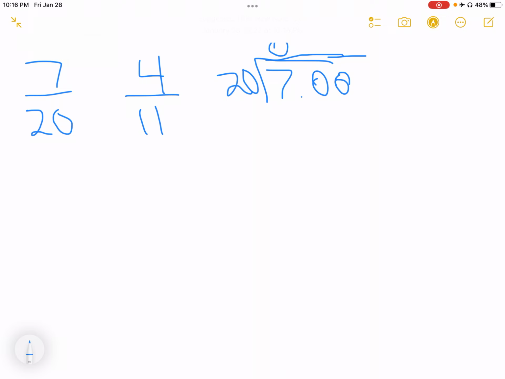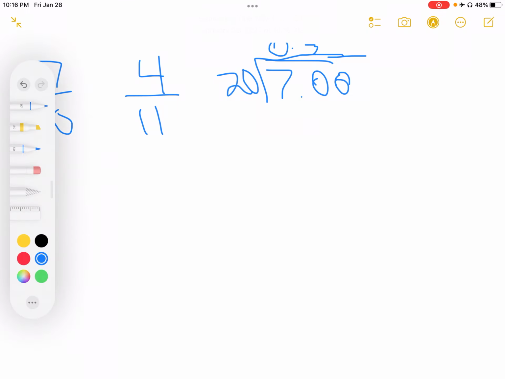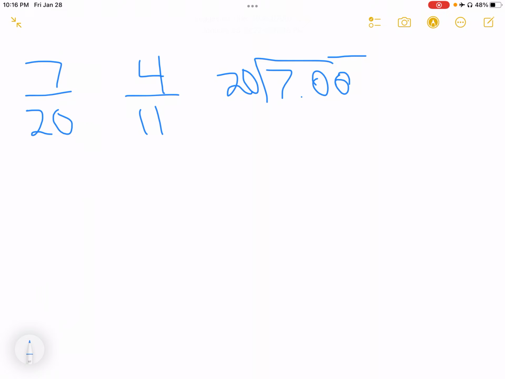So 0, and then if we do this next one here, we can write a 3. Okay, let's see if this works here. So I'm going to write a 3, and that's 60, and then I can subtract to get 10, bring my 0 down, and then I have 5. So I have 0.35.